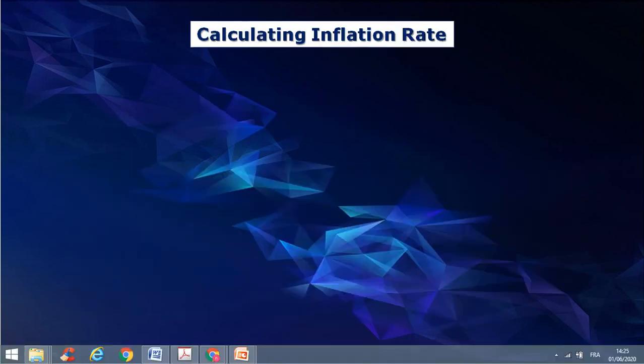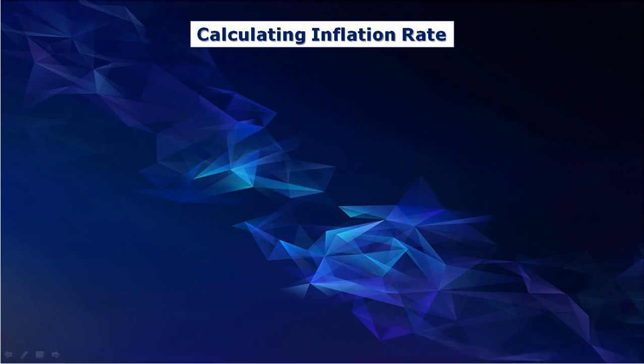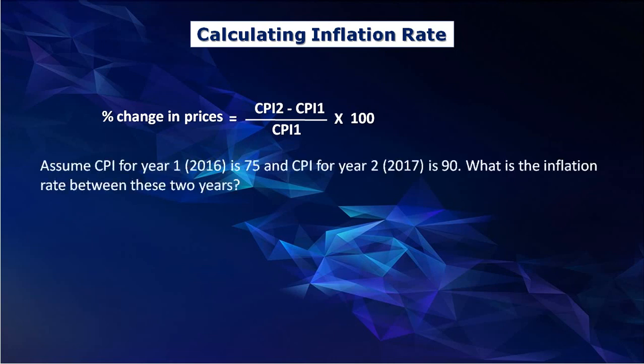Calculating inflation relative to the previous year, not to the base year. Here there is an equation: percent change in prices equals CPI of year 2 minus CPI of year 1, divided by CPI of year 1, times 100. So here we try to assume one example.